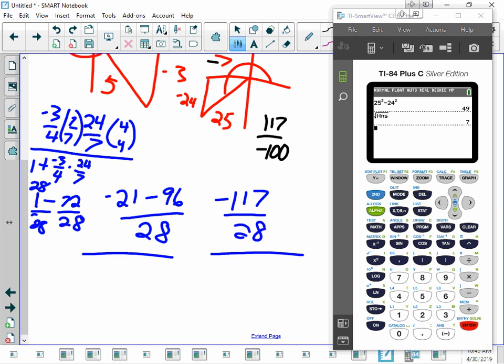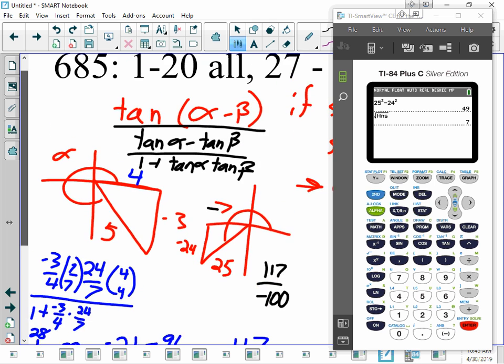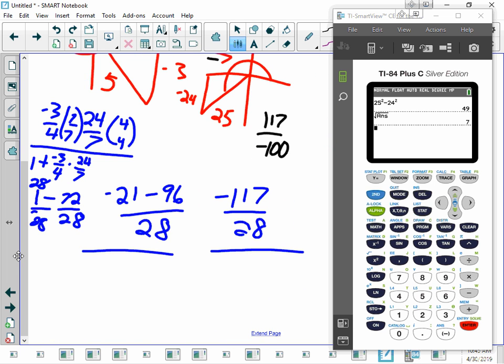Oh, I missed a sign somewhere. Where did I mess up my sign? Negative 3/4. Uh-oh, maybe I missed a sign on the other one. Yeah, I must have made a mistake on the other one.